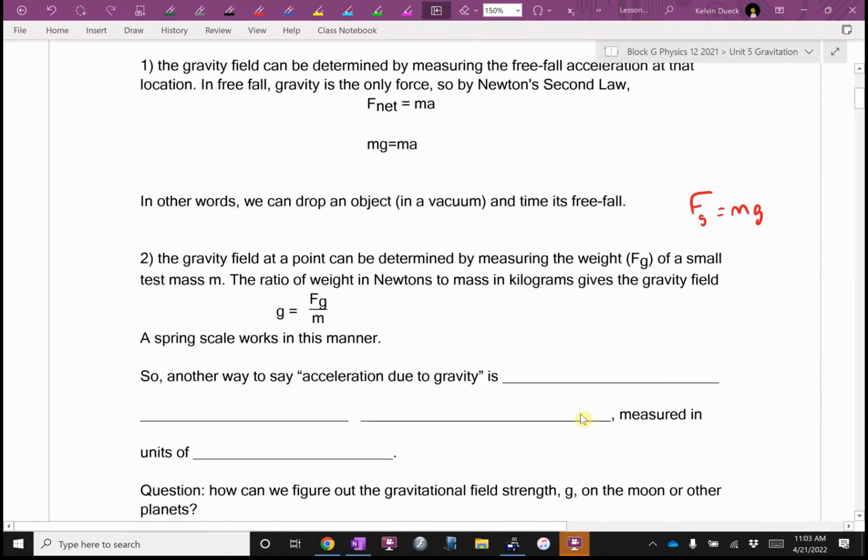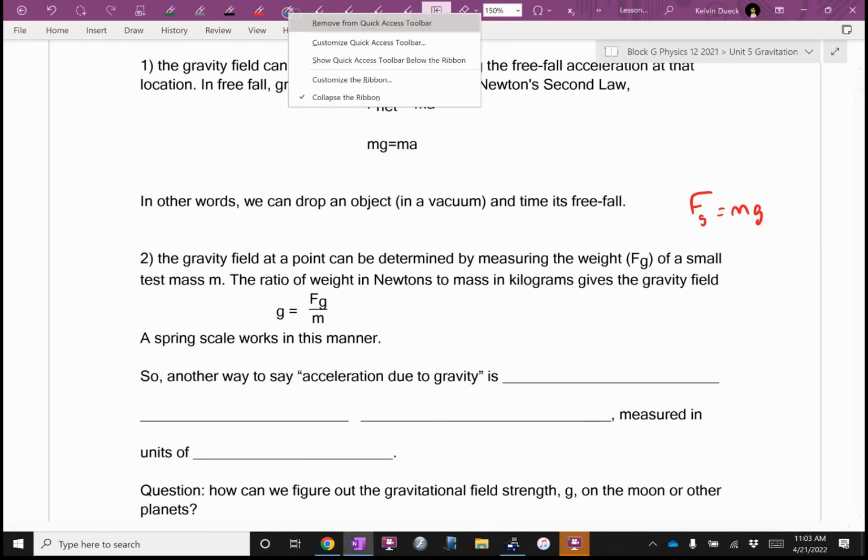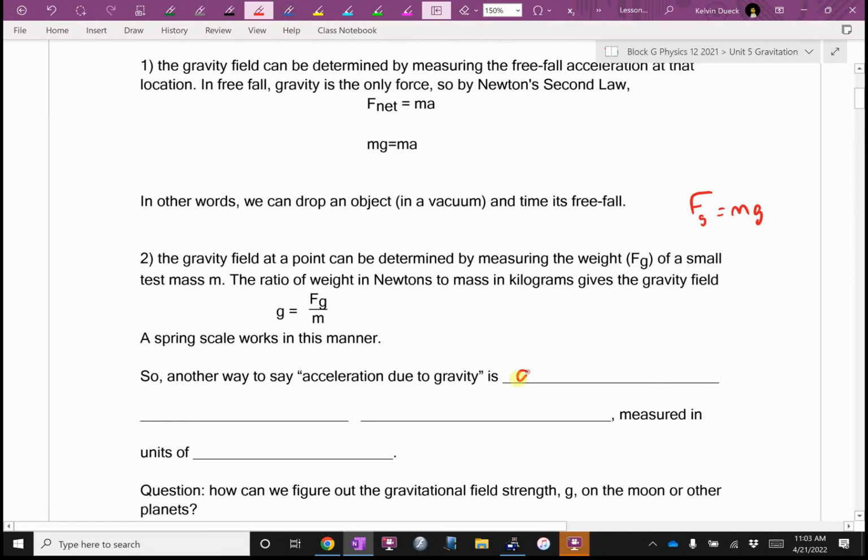So what I want you to realize, first of all, is another way to say the acceleration due to gravity is the gravitational field strength.